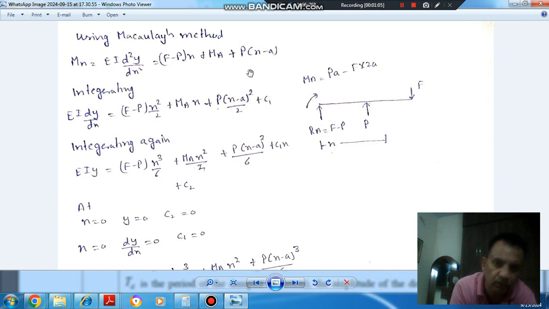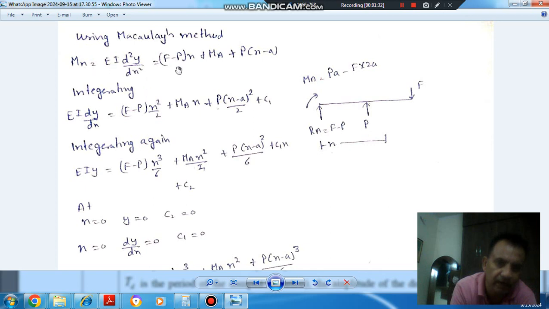Now we'll use Macaulay's method to find the value of MA in terms of F. According to Macaulay's method, Mx is EI d square y by dx square, where Mx is the moment at a distance x.